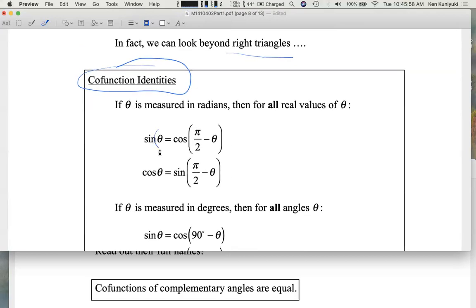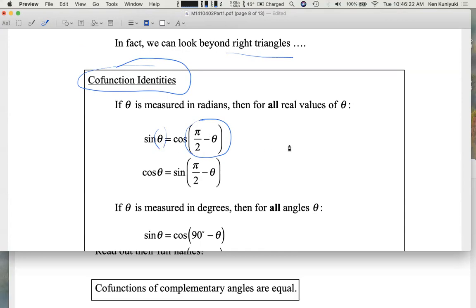The sine of theta will equal the cosine of its complement. I claim that pi over 2 minus theta is the complement of theta, if we extend the idea of complementary angles to any pair of angles whose measures add up to 90 degrees or pi over 2 radians. So theta doesn't have to be acute.